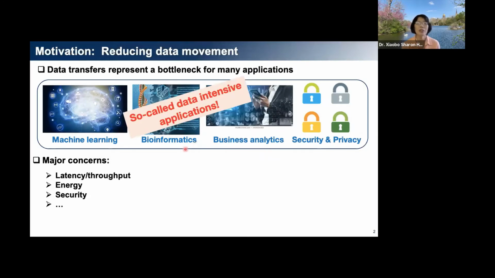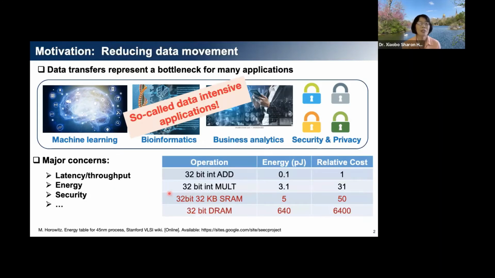Of course, there's latency and throughput: it takes lots of time to fetch and store a large amount of data. Secondly, energy is a big concern as well. This is a table we got from Horowitz, and it shows that transferring data is a lot more costly than operating on the data itself. Transferring data also has some security concerns, and there are other challenges.